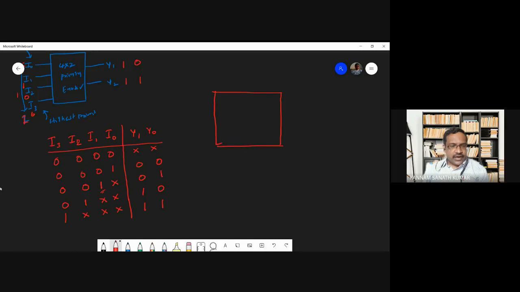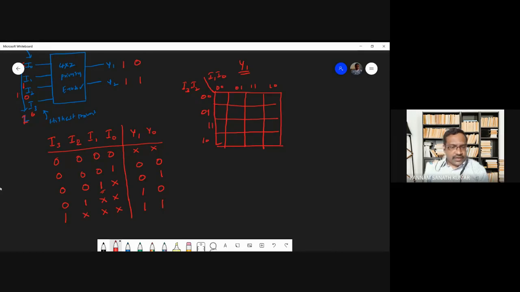First I am drawing the K map for Y1. The inputs are I3, I2, I1, and I0, with the values 0 0, 0 1, 1 0, 1 1.